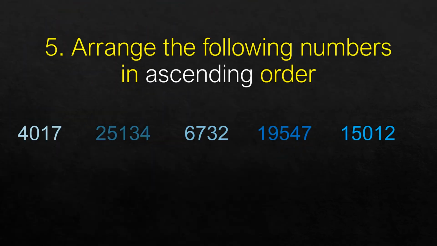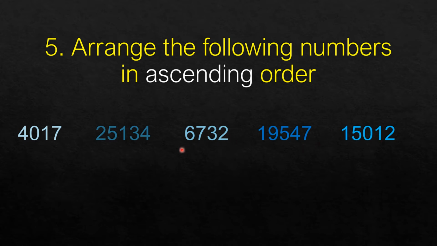Arrange the following numbers in ascending order. So, to write in ascending order, ascending order means small number to big number. So we should write the smallest among these. First we should count the number of digits, 4-digit number, 5-digit, here 4-digit, again these two are 5-digit numbers.